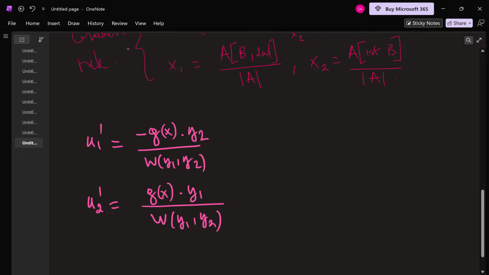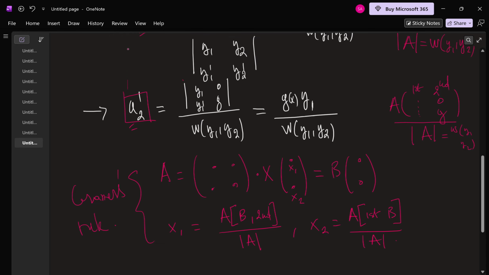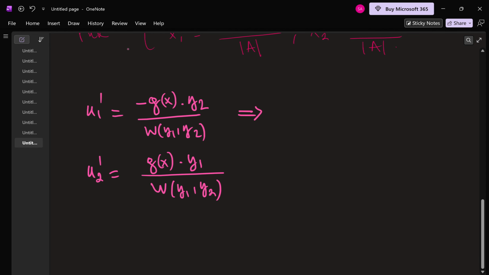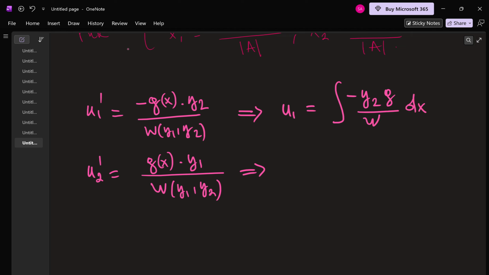Let me check if maybe I made a mistake. No, that's correct. So next, this will give us the functions that we are looking for: u1, which is the integral of minus y2 times g over the Wronskian W dx, and u2, which is equal to the integral of y1 times g over W, the Wronskian, times dx.